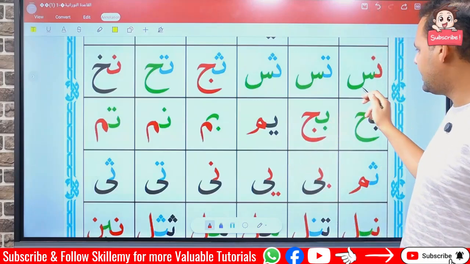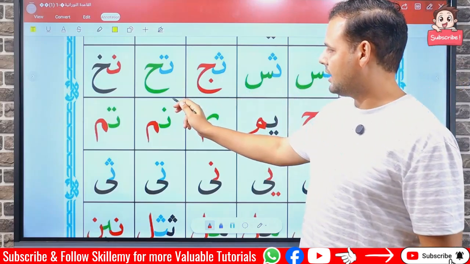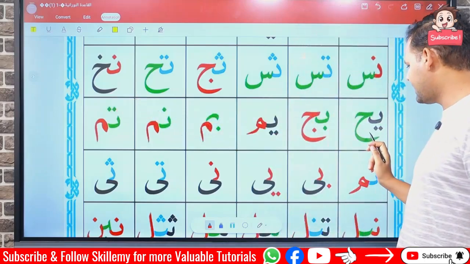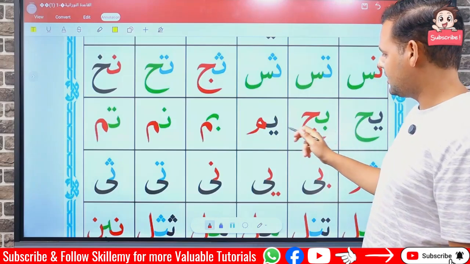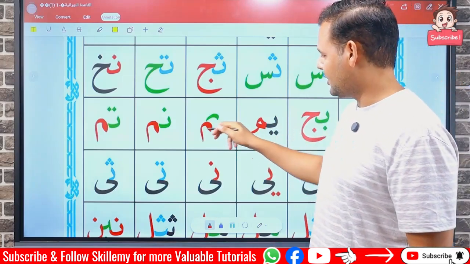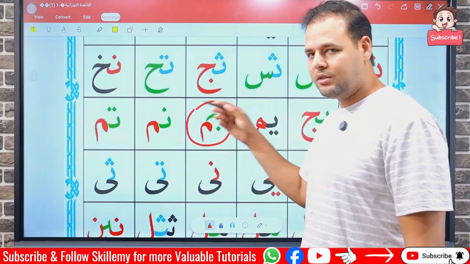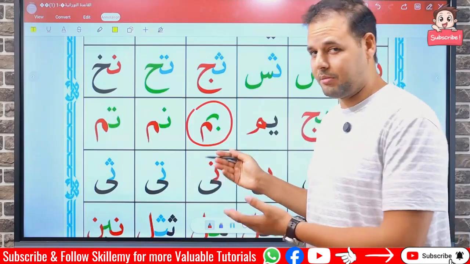So here we have Nasa, Tasa, Thasa, Thaja, Taha, Na, Kha. And then here Ya, because it's 2 dots down, Yaha, Baja, Yama. And I know this shape looks weird, but think of it. It's 1 dot down. What is the letter with 1 dot down other than Ba?